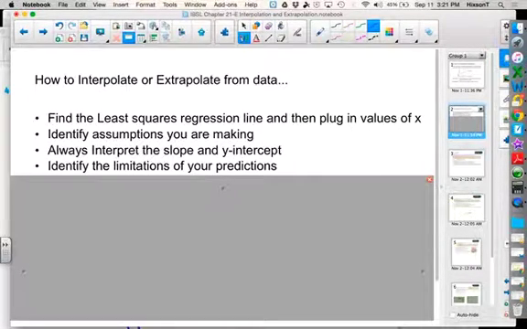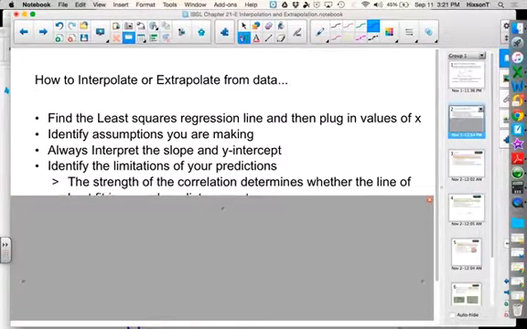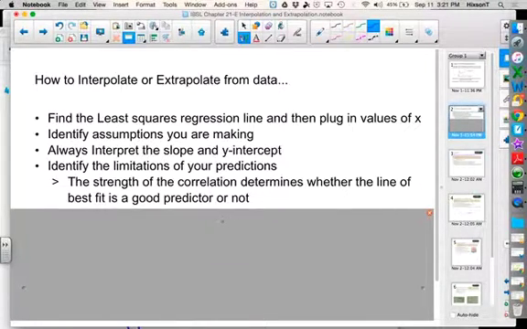Another thing, and this kind of goes with the assumptions, is identifying limitations of your predictions, okay? One thing to consider is that the strength of your correlation, along with the statistical significance of your correlation, will determine how good a predictor your line of best fit is.